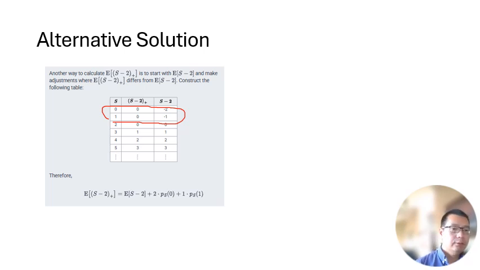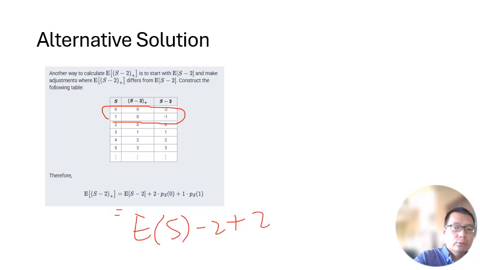And from there, we already know this expected value of S minus 2. It will be equal to the expected value of S minus 2, plus 2 times the probability of S equal 0, which is 0.25, and 1 times the probability of S equal 1, which is equal to 0.75.